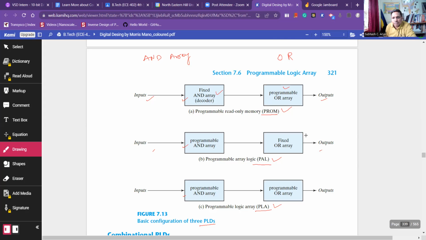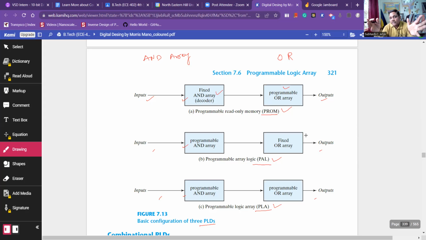Now, what makes them differ from each other? This is very important regarding PROM, PAL, or PLA. They consist of an AND array and an OR array, there is an input, and there is an output. These are the common things in all three configurations of programmable logic devices.